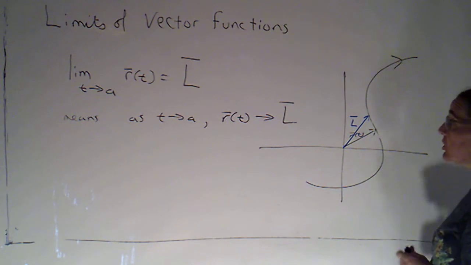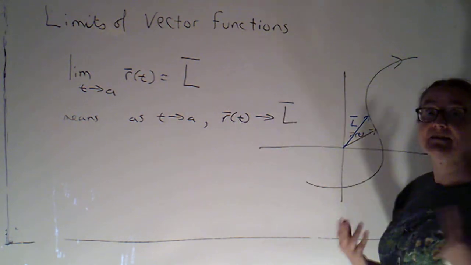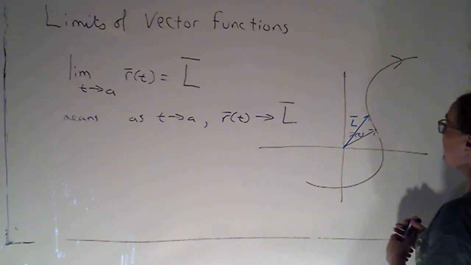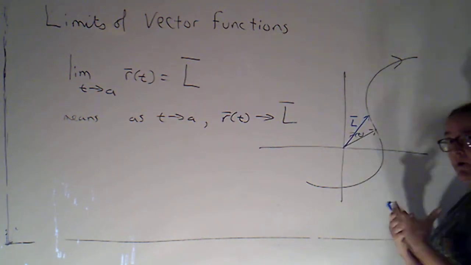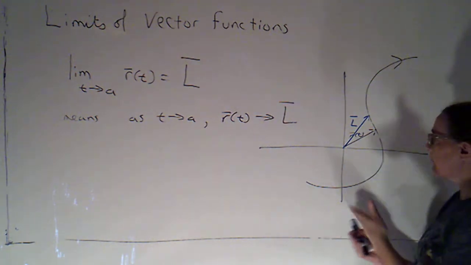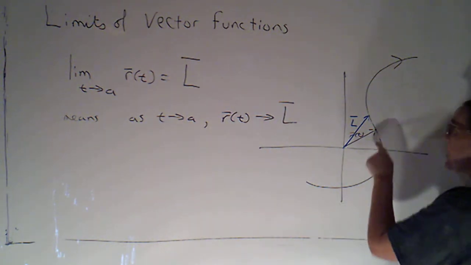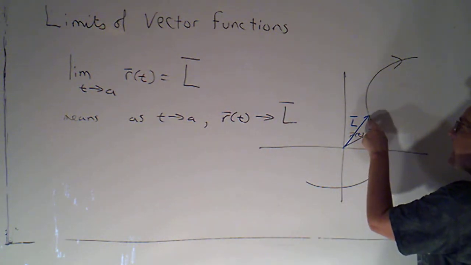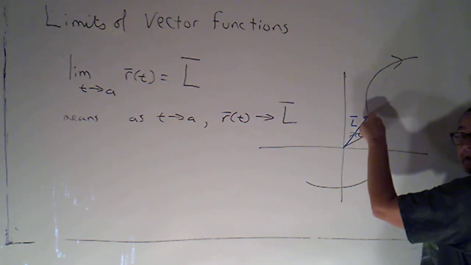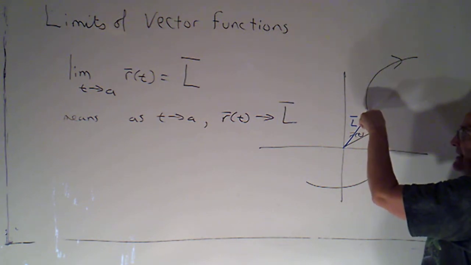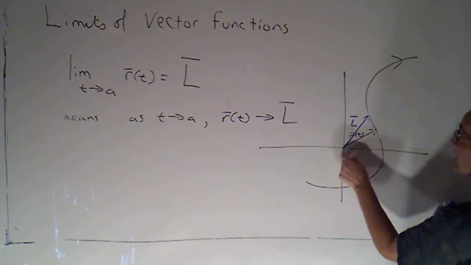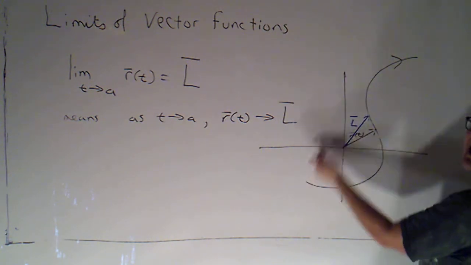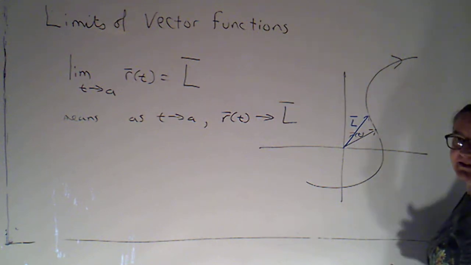I could also interpret this by thinking of the outputs as actual vectors. Okay. Notice this vector and this vector. Well, they both have a magnitude and a direction, and right now they're both a little bit different. But if, as t gets closer to a, the tip of my vector is getting closer and closer to this point right here, then the position vector is approaching the length of this and the direction of this.